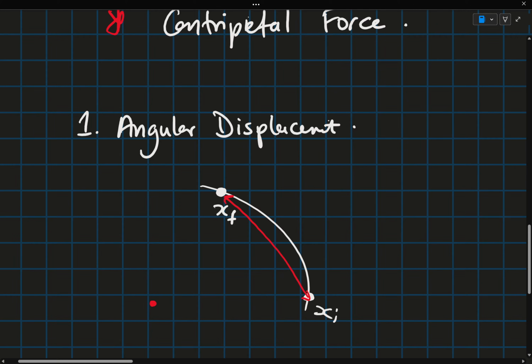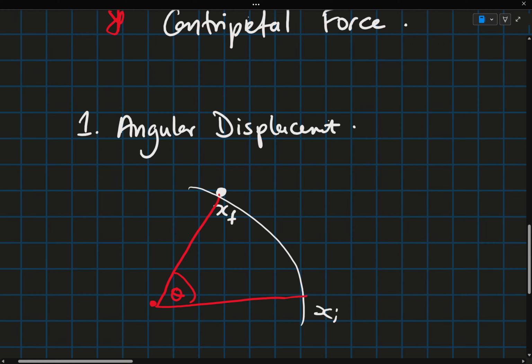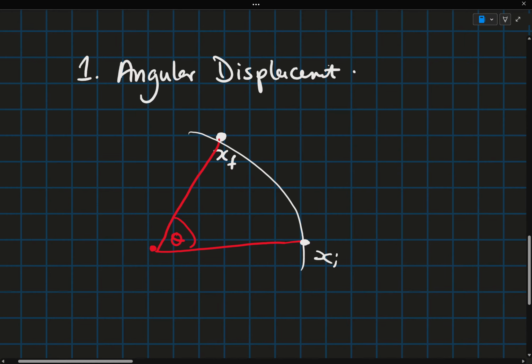So there's an angle that is formed here. We're looking at how much it is displaced in an angular way. So the angular displacement is the angle through which an object moves on a circular path.